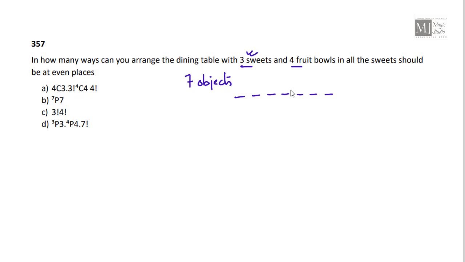Then how many even places do we have? Odd, even, odd, even, odd, even, odd. That means 3 sweet bowls should only be placed at these 3 places. So 3 bowls in 3 places would be placed in how many ways? 3P3 ways.